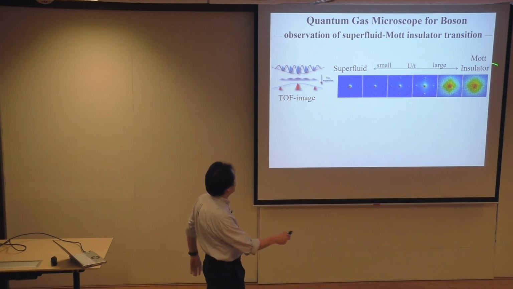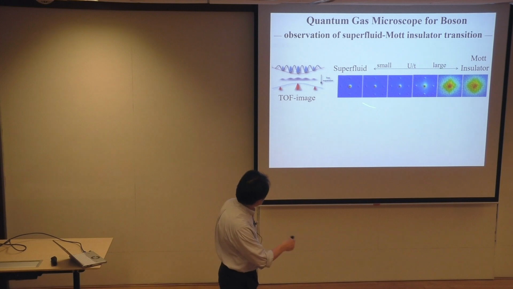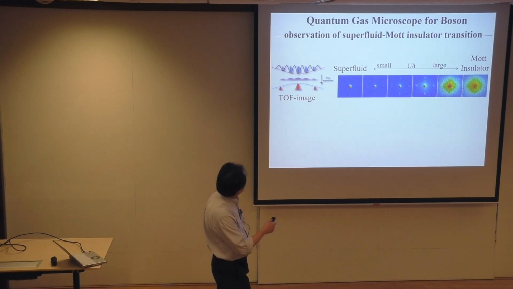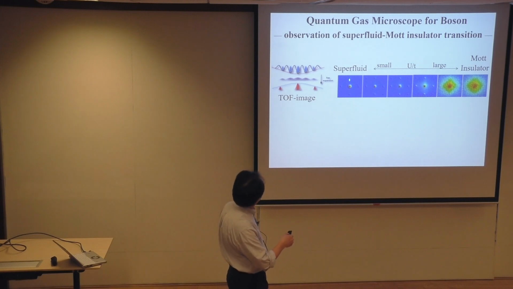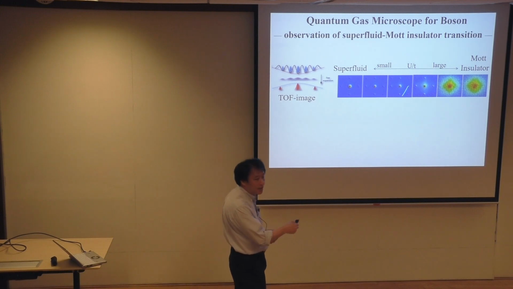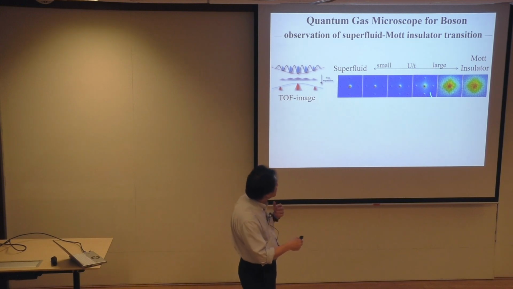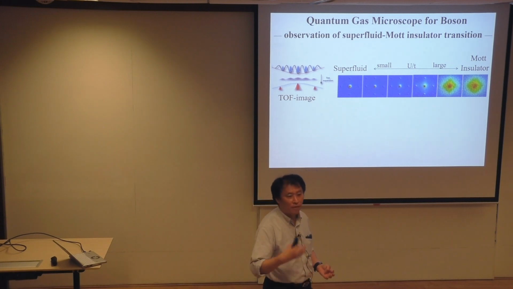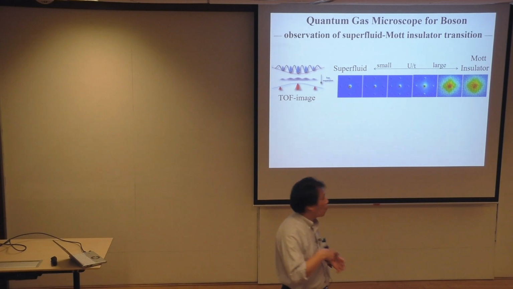Here, I show the obtained time-of-flight images. A clear matter-wave interference pattern is a signature of the existence of superfluidity in the system. And absence of the interference pattern is a signature of the formation of the Mott insulator state.